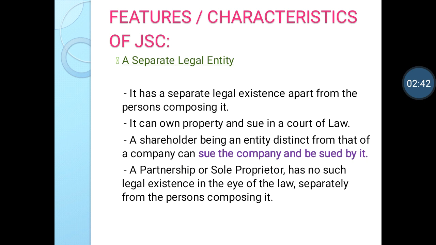So in the case of a joint stock company we have a separate legal existence, while in the case of partnership or sole proprietor, there is no such legal existence.